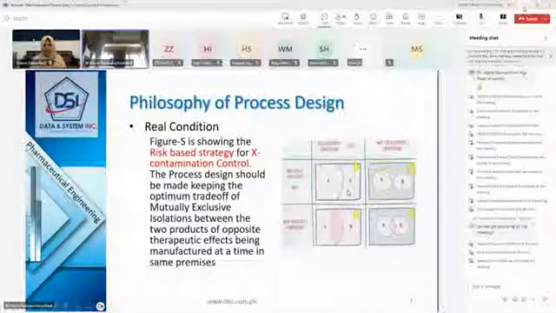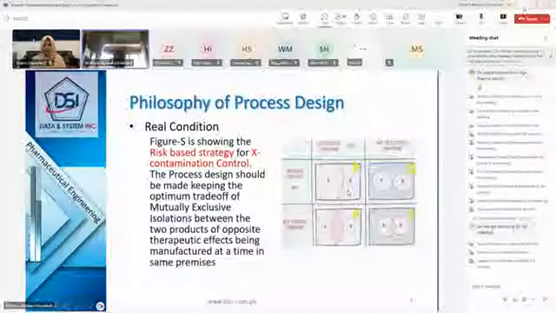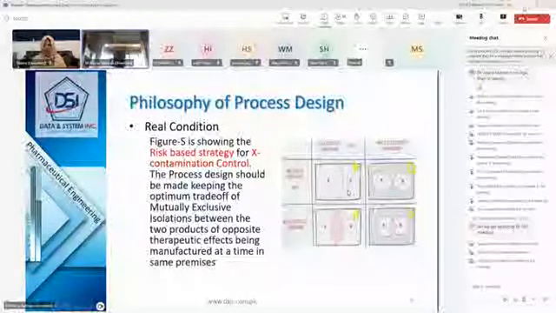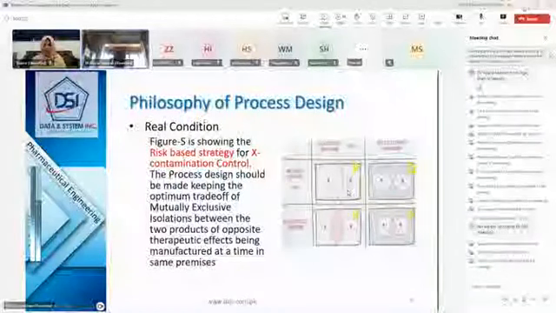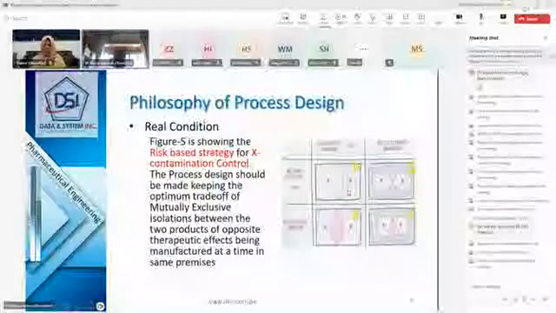Again, the most applicable scenario is scenario S, where A and B products are manufactured in the same facility, and this overlapping region is a region of risk.